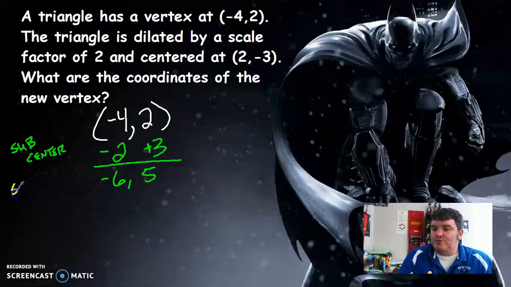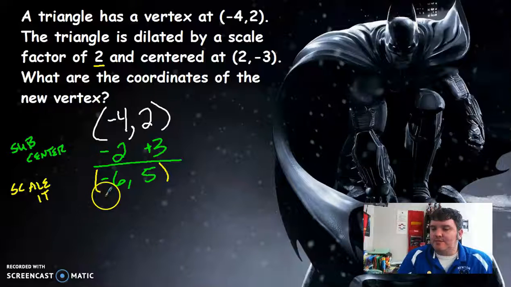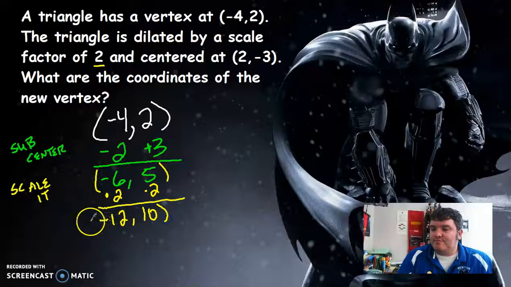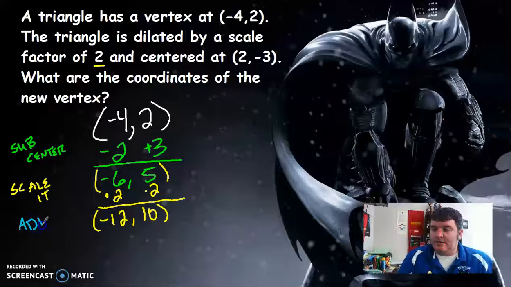Step 2 is to scale it. Well, it had a scale factor of 2, so I'm going to take this coordinate and multiply everything by 2. Times 2, times 2, and that will give me -12, 10. Final step is to then add the center.